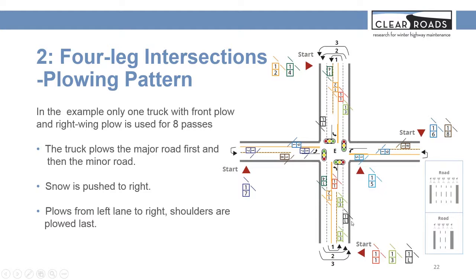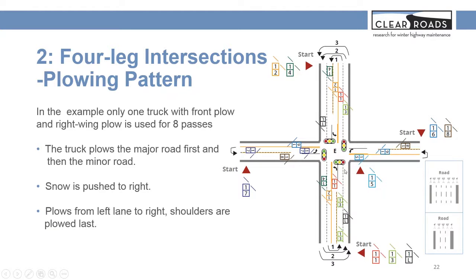After that, there will be another pass called later. This pass will clear the shoulder and part of the right lane on the main road. Then it turns around to complete the clearing of the major road.